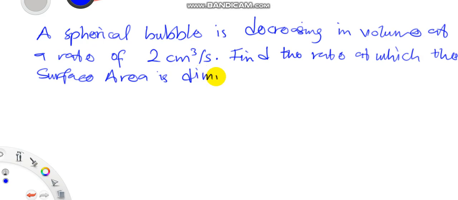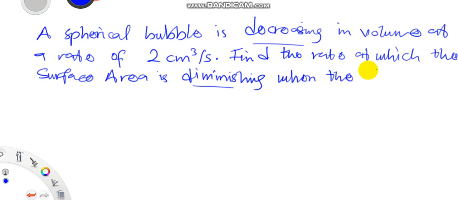So you have to know your vocabulary. Diminishing when the radius is 3 centimeter. Okay, so this is our problem. Let's try to find a solution.